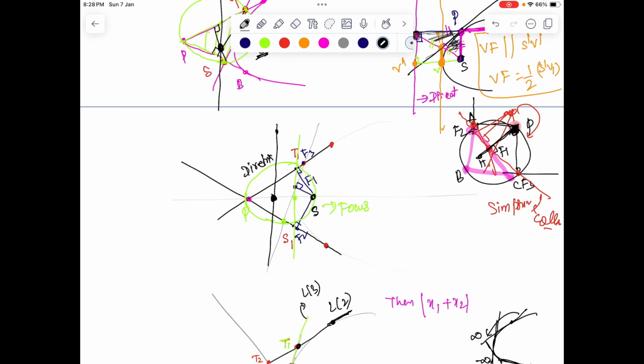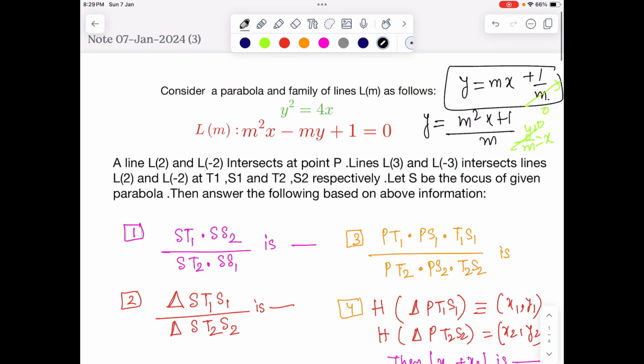So we have S the focus and some orthocenter H. S and H will be bisected by this Simpson line, the tangent at the vertex, so these will be equal. It means the orthocenter must be somewhere on the directrix. I'm not claiming it will be exactly on the x-axis, but it will be somewhere on the directrix so that it is bisected by the Simpson line. So both these properties are proved.